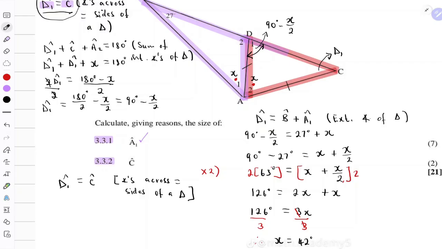But we found D1 to be 90 minus X over 2 earlier on. So I can just substitute that. So it's 90 degrees minus X over 2 is equal to C. And we found the value of X to be 42 degrees. So we can substitute that. So therefore angle C should be equal to 90 degrees minus 42 degrees over 2, which is equal to 69 degrees.